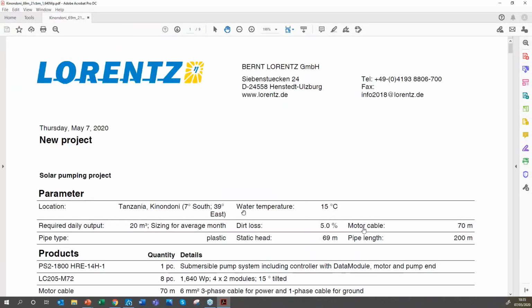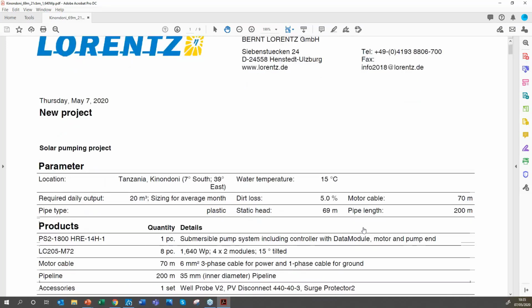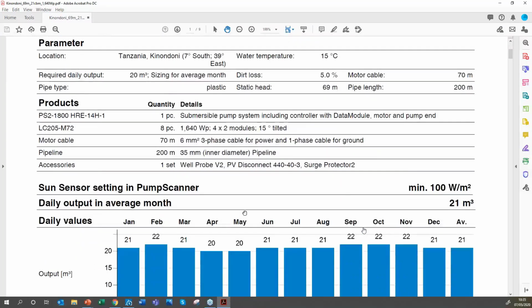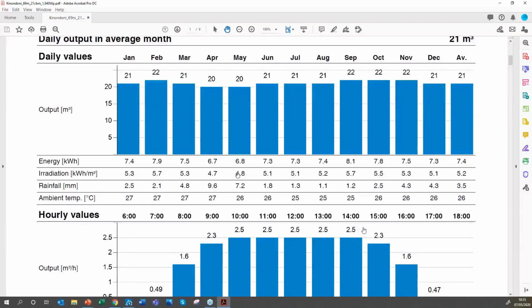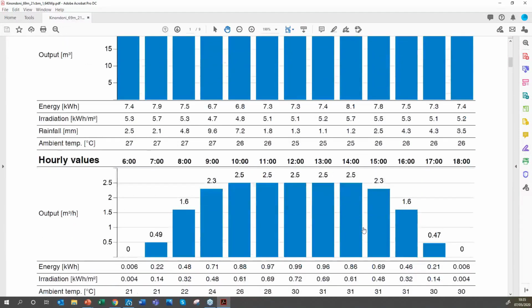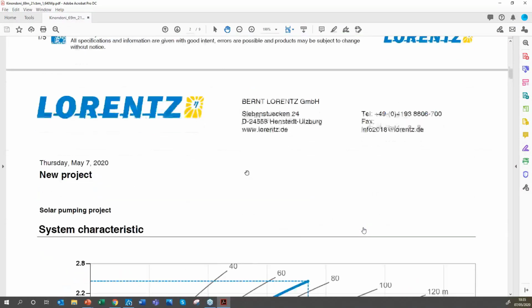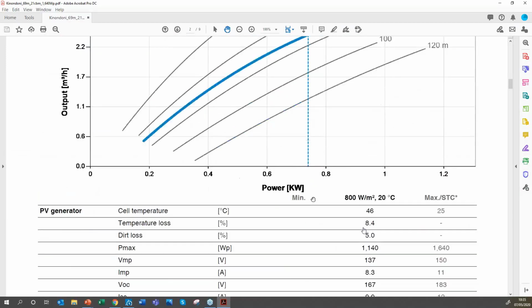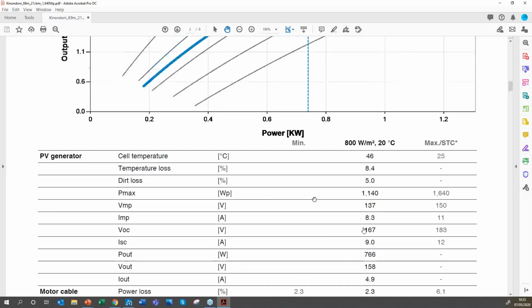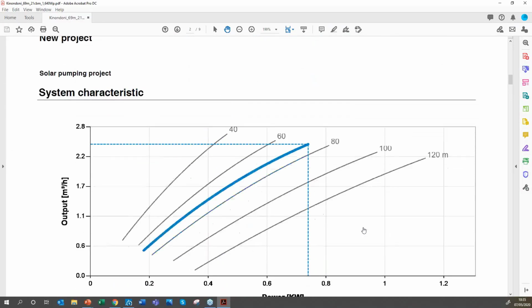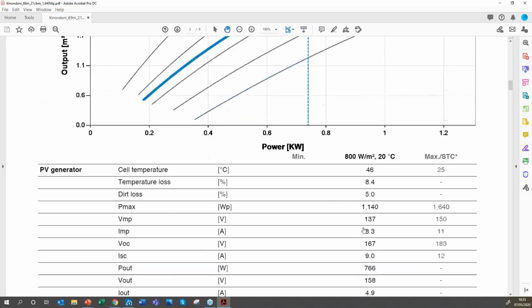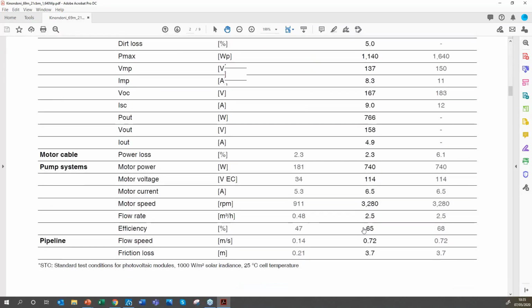So we only put in 3 pieces of data, remember: location, pressure or head, and the daily requirement. And we have here then a list of equipment, what this pump's going to do, the technical information about the system characteristics in terms of the pump and the PV generator.